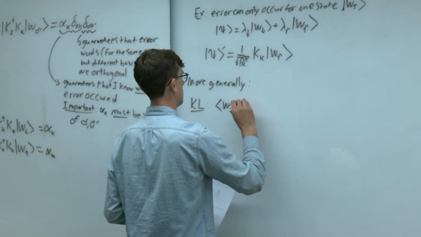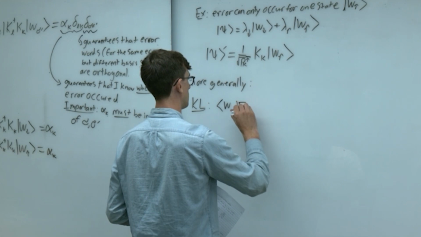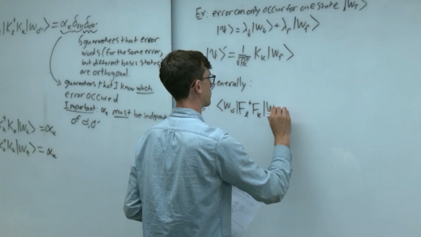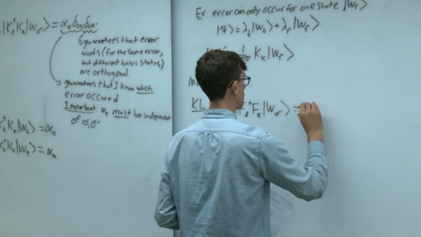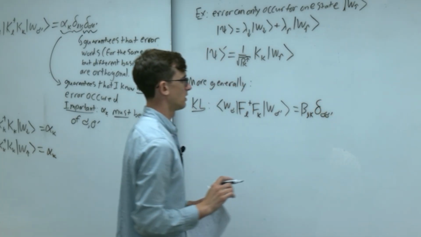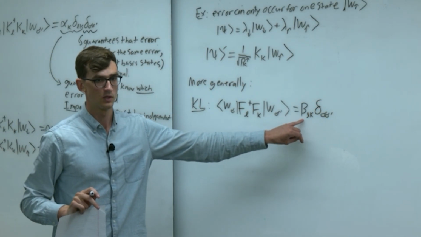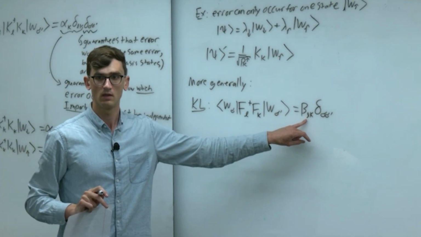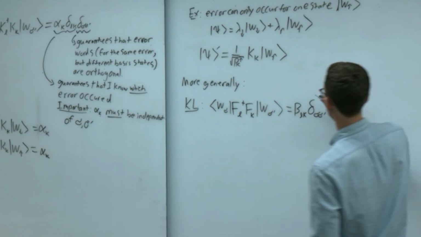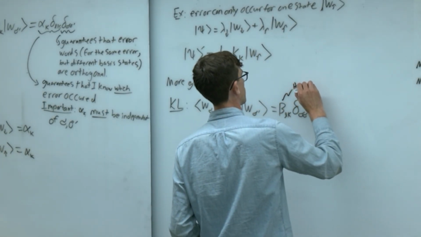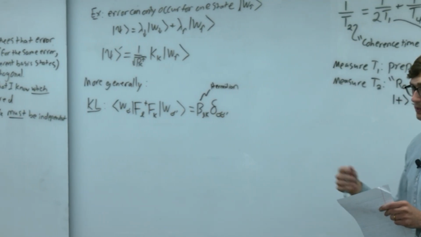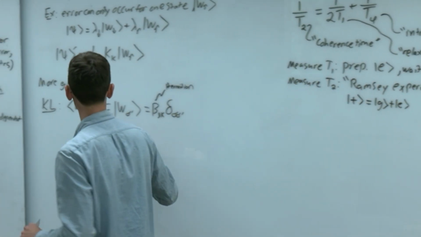W sigma, F_L dagger, F_K, W sigma prime is equal to beta_LK delta sigma sigma prime. So here we've lost the Kronecker delta over LK, and instead I just have some matrix beta, which is Hermitian. This is the way the Knill-Laflamme conditions are generally written down in their full glory.